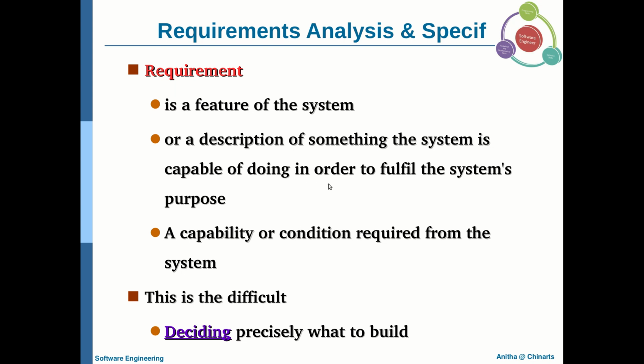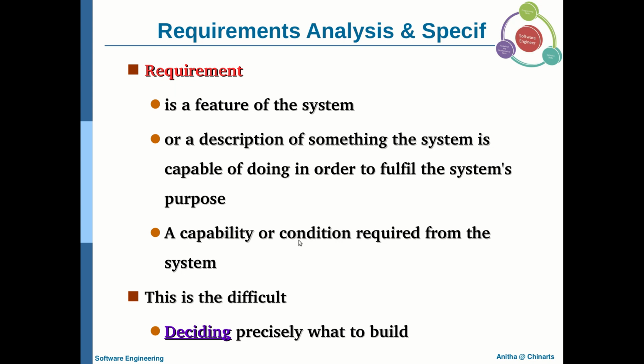The description says that for PG course admission, the student must have a minimum of 55% marks in their degree program. That is another requirement, or the condition that comes up in the business operation.